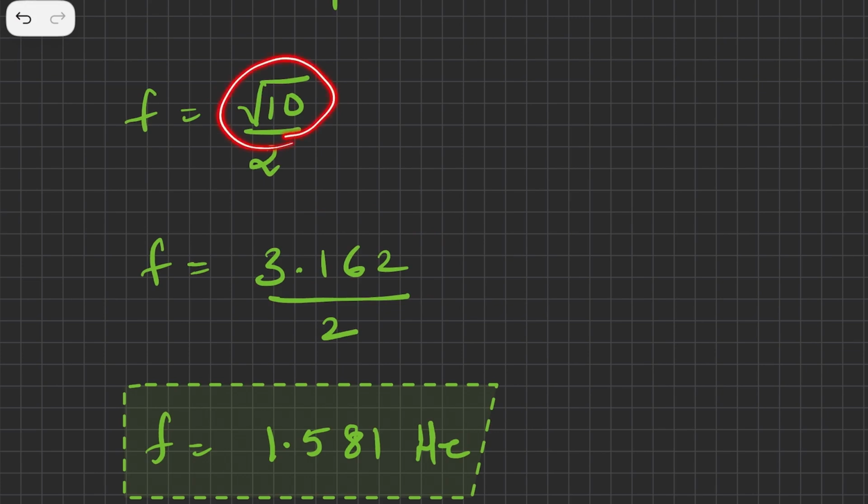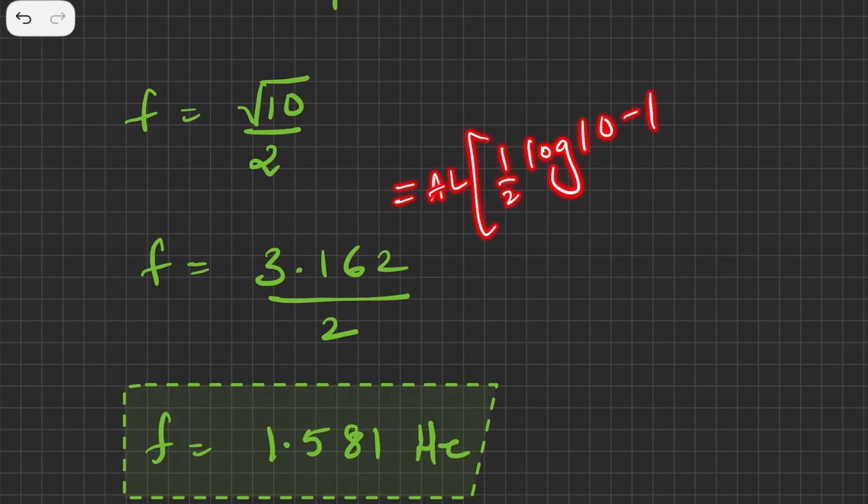In case you do not remember this, then you are supposed to use the log and antilog method. So then this would be half of log 10 minus log 2. In case you are not following this part, I would suggest you follow the series on logarithm in my playlist to know how to do this kind of logarithmic problems.